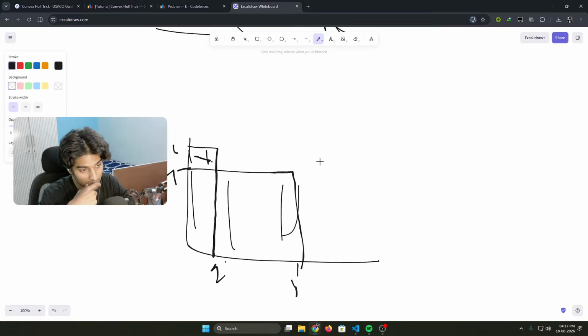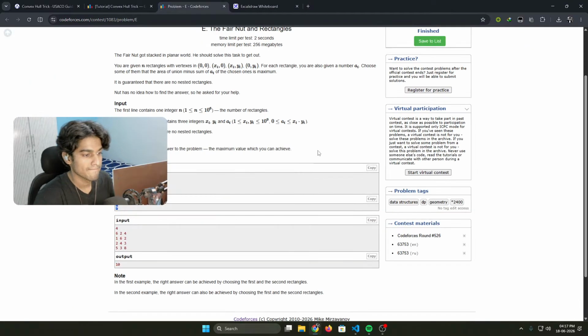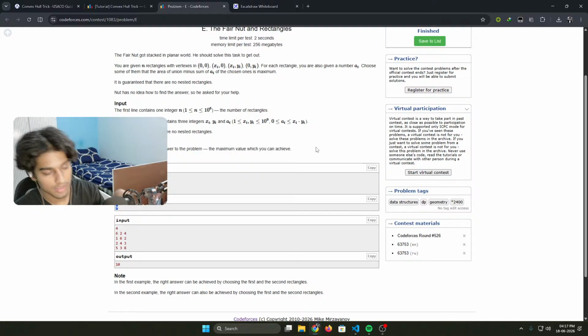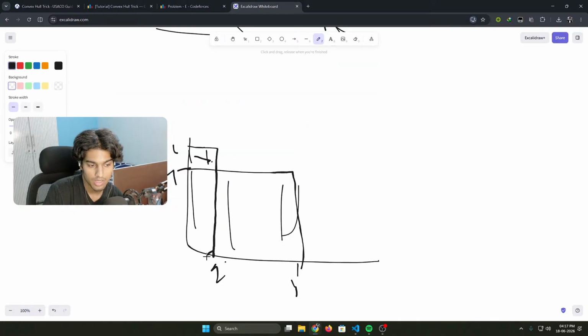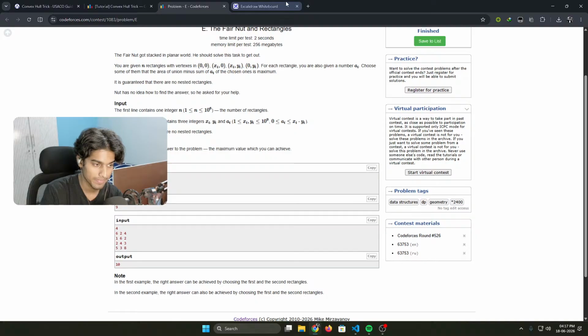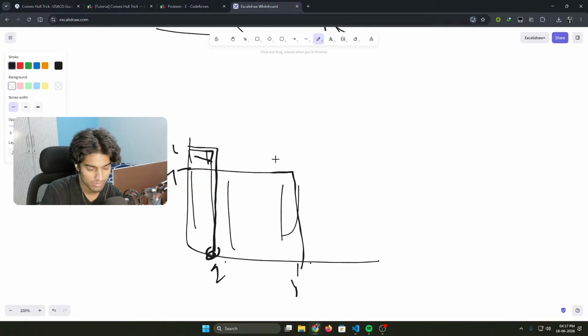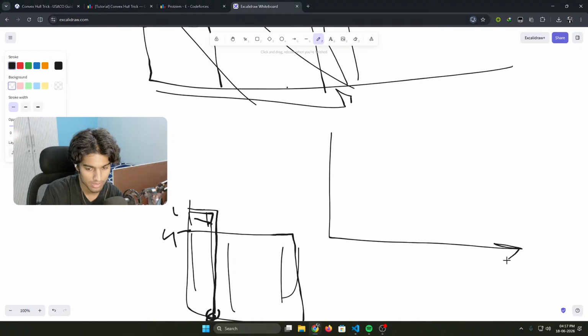But how do we... we can remove common and then we can do it. So there is this rectangle 4 comma 4. So this is overlapping. Makes sense. If it is overlapping, it all depends on this particular thing. How do I get this?